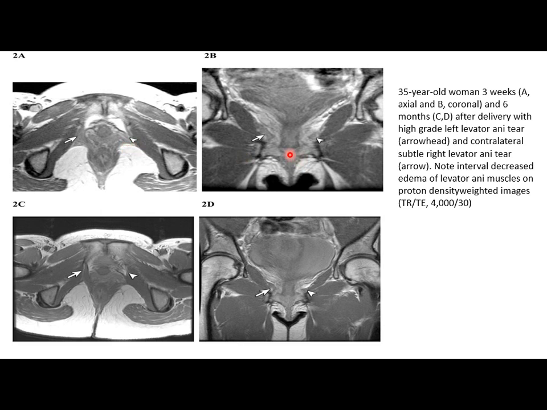After 6 months, there is decrease in the edema, and there is subtle tearing of the right side also, which appeared normal right after taking the MRI. So both sides are torn, but severe on the left side and very minor on the right side.